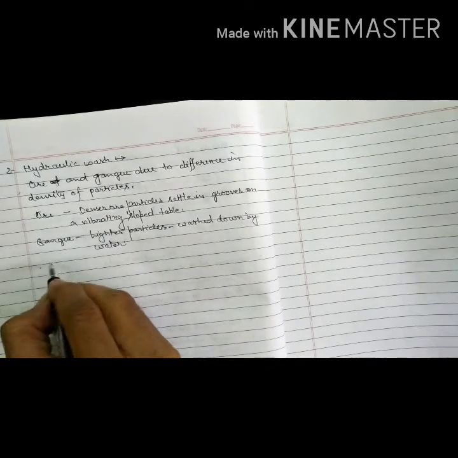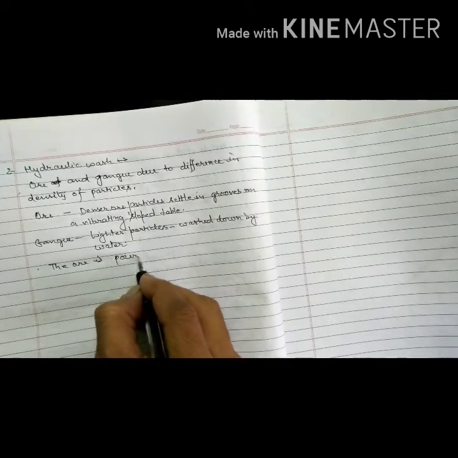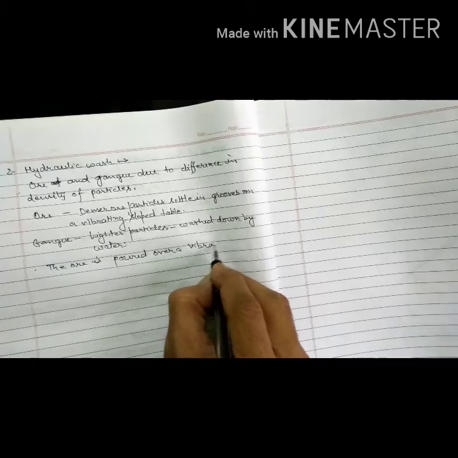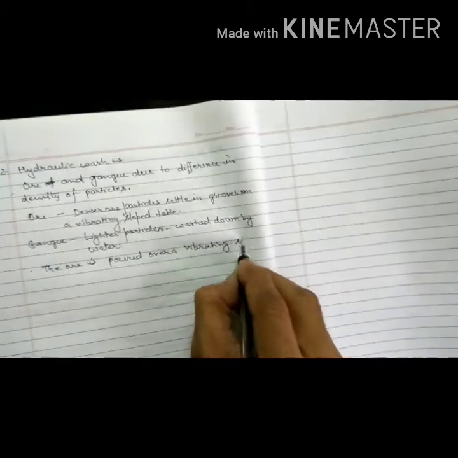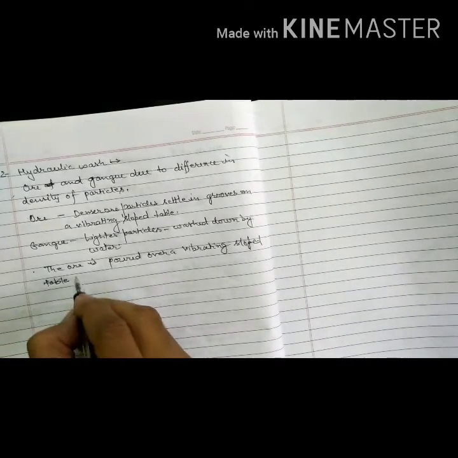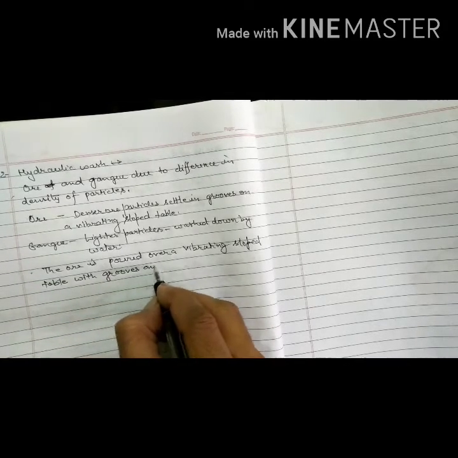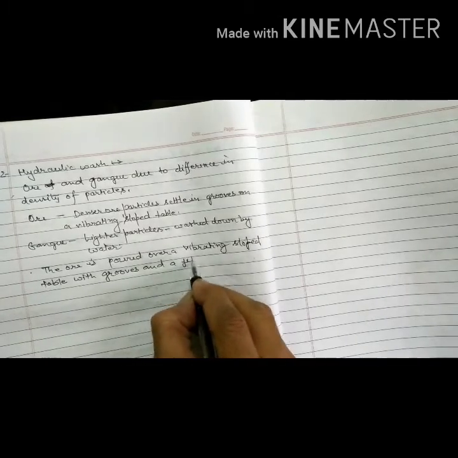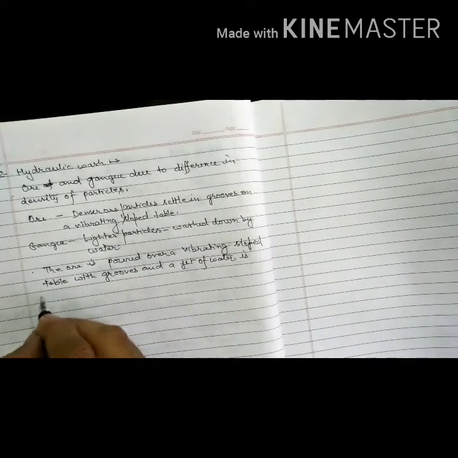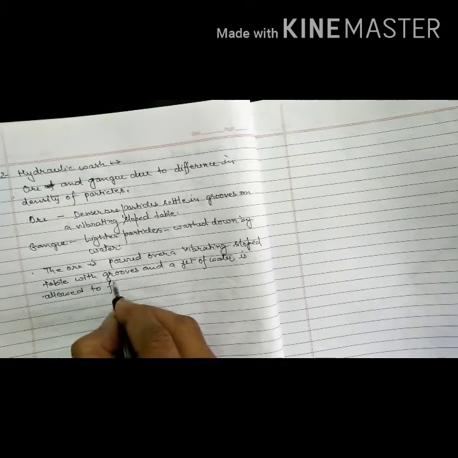The process is, the ore is poured over a vibrating sloped table with grooves, and a jet of water is allowed to flow over it.